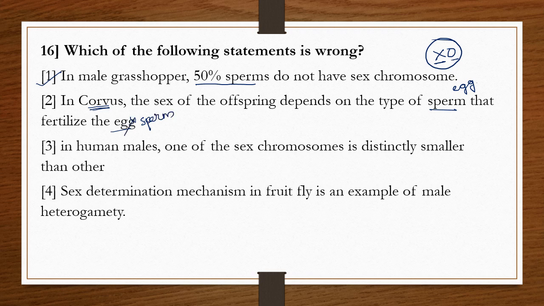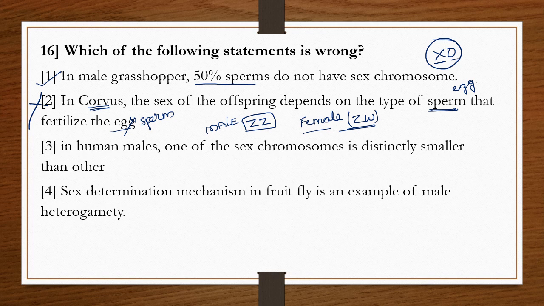Here it is the egg, because in birds ZZ is male, which is homozygous, and ZW is female, which is heterozygous. So sex determination depends on the egg, not on the sperm. That's why this statement is wrong.